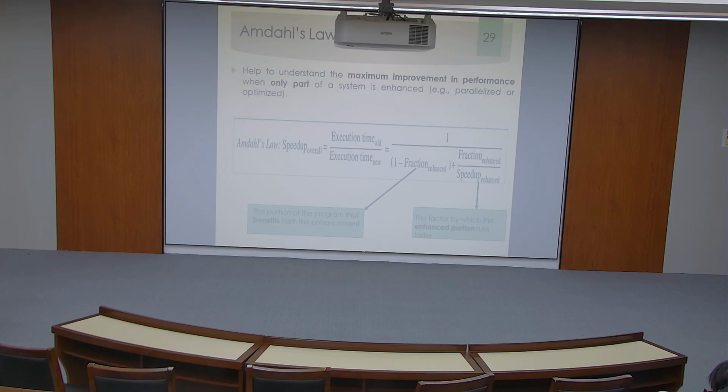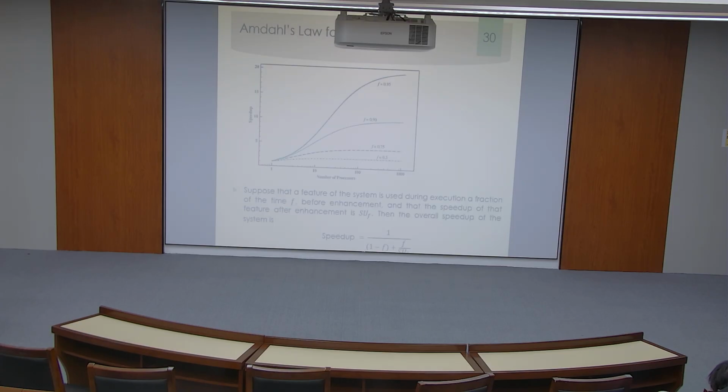So here we have a simple example. Suppose that we have a feature of a system used during execution a fraction of time f before improvement, and the speedup of the feature after enhancement is SUF.